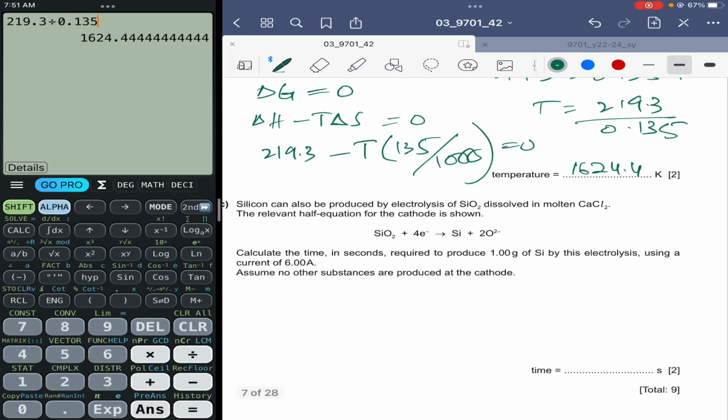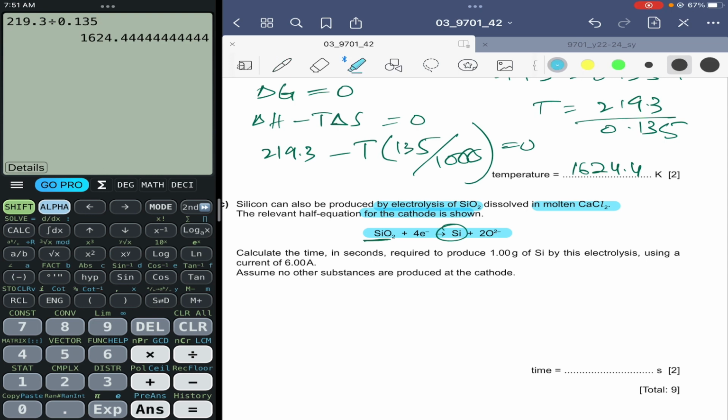Now, the last part of the question is, silicon can also be produced by the electrolysis of SiO2 dissolved in molten calcium chloride. The relevant half equation for the cathode is shown: silicon dioxide gaining electrons to convert into silicon. You can see in this reaction that SiO2 gains electrons at the cathode and converts into silicon.